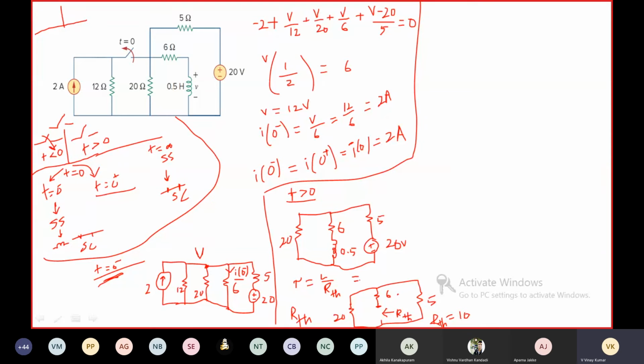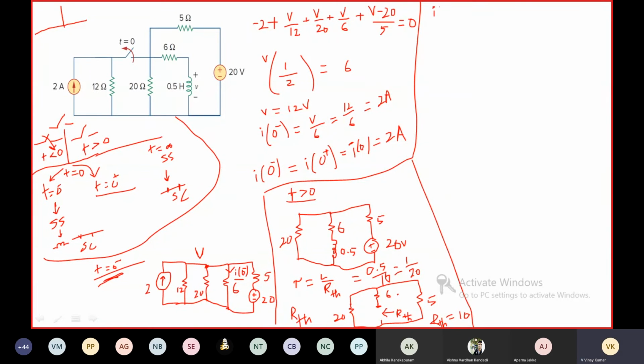Then tau is equal to L by R, L is 0.5, so 0.5 by 10, which is 1 by 20 seconds.